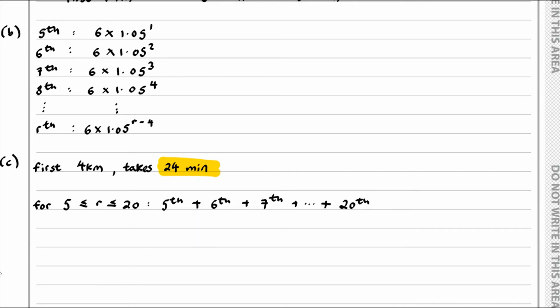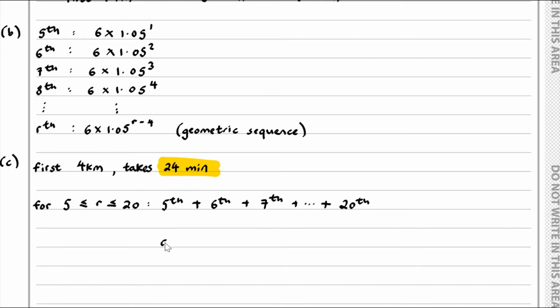And for this, because we have 6 times by 1.05 to the power of r minus 4, we would have to consider a geometric sequence. So first of all, we can find out our first term by considering what happens when r equals 5.